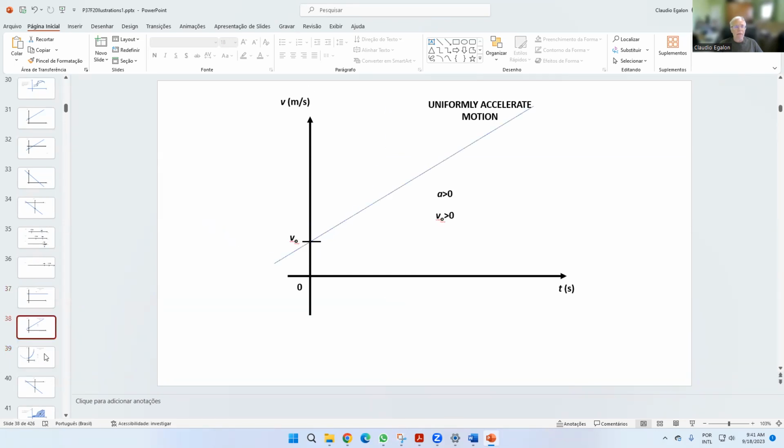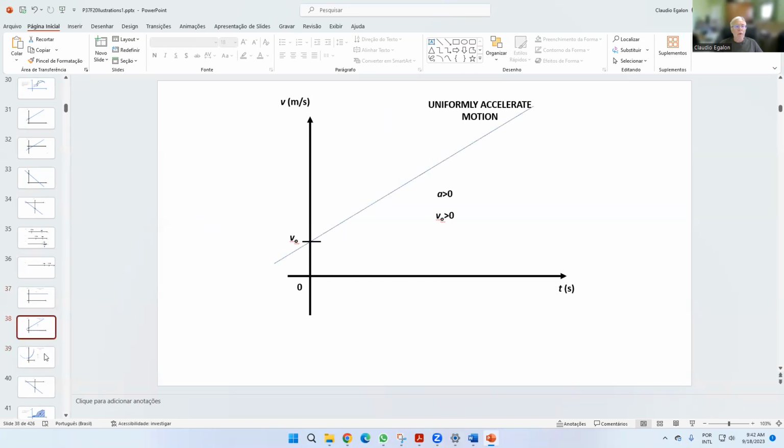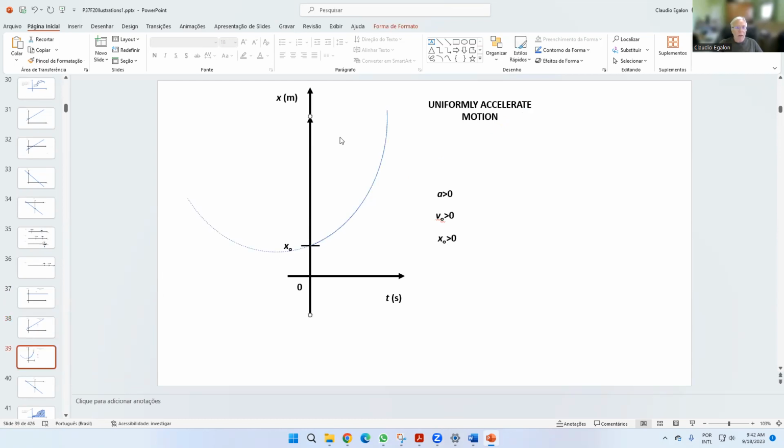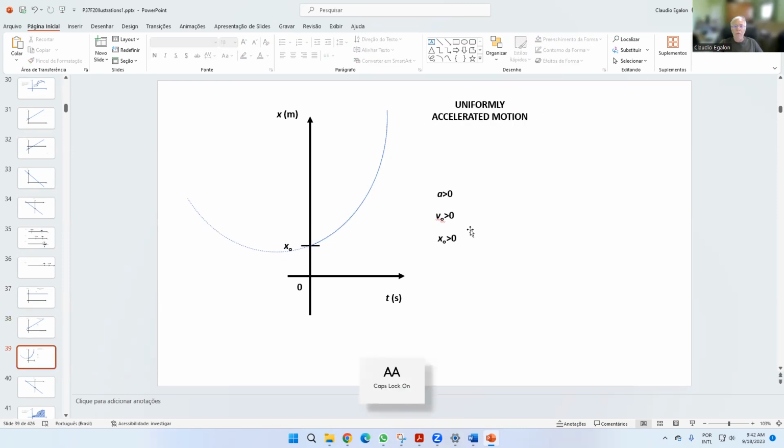Nice enough. I'm going to use the same axis here. Okay, uniformly accelerated motion.